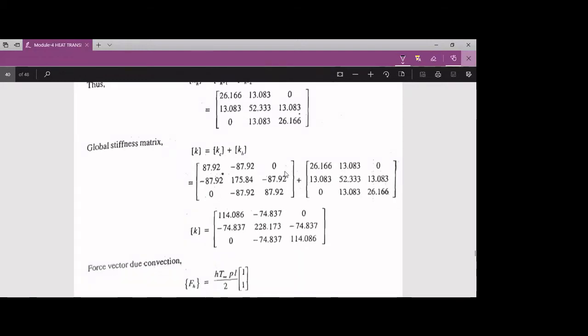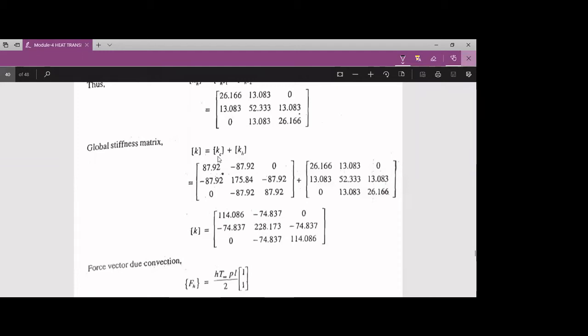In the previous case, for the two elements, we assembled the first and second element. Similarly in Kh also, wherever the nodes overlap, they are considered common nodes and the values are added. But here Kc and Kh are taken for both elements; it is not assembling one element to another.